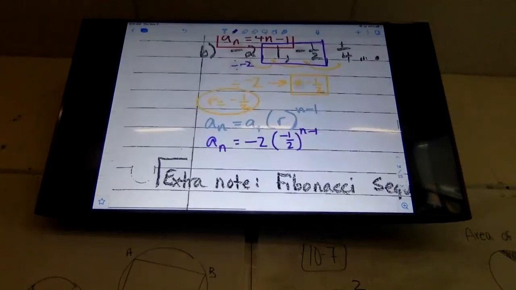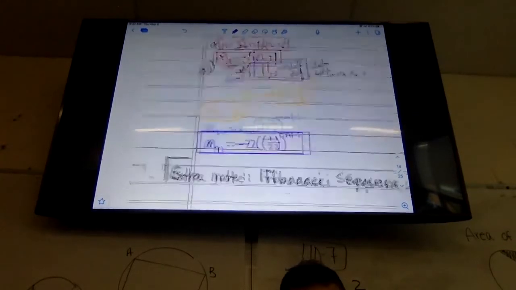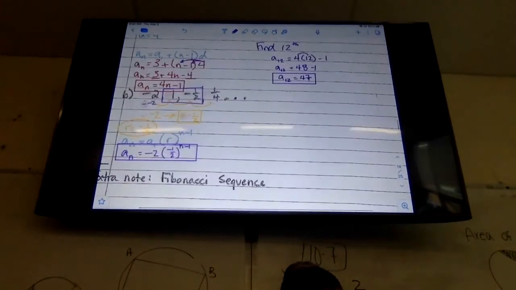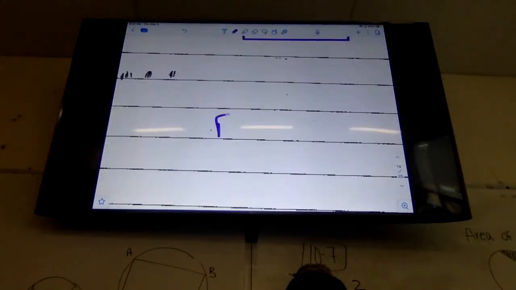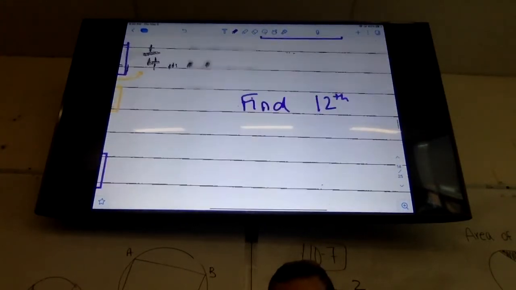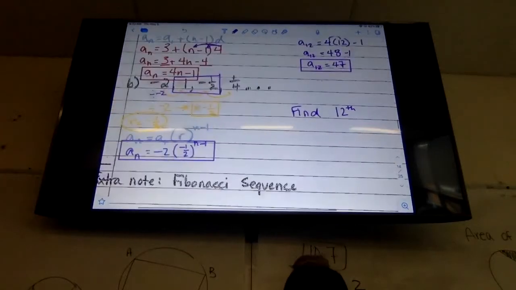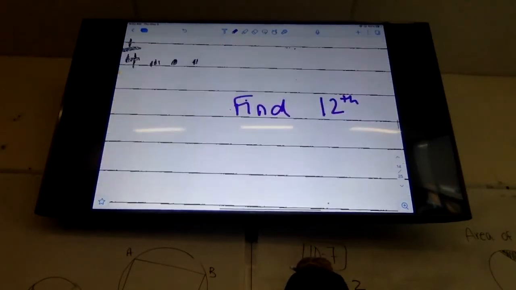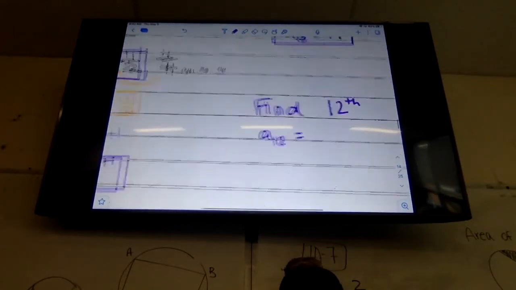All right, this is actually as simple as this explicit function gets. I'm actually good leaving it here. I cannot simplify anymore. I'm not going to mess with the exponents. This is good. Let's go plug this in now and find the 12th term. So we're going to say a sub 12 equals, carry everything over.